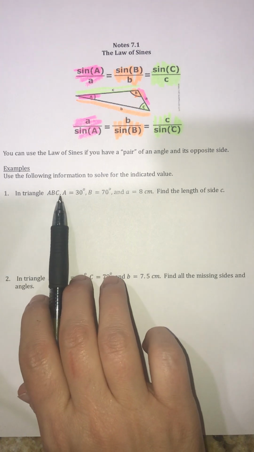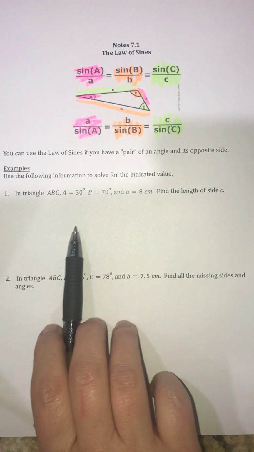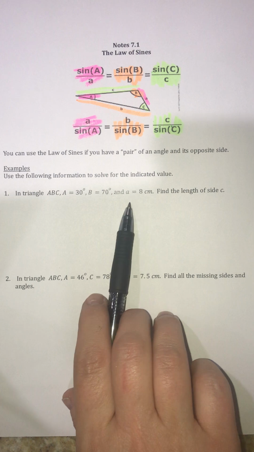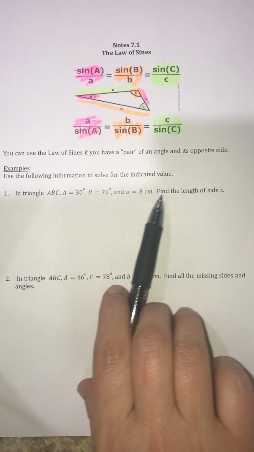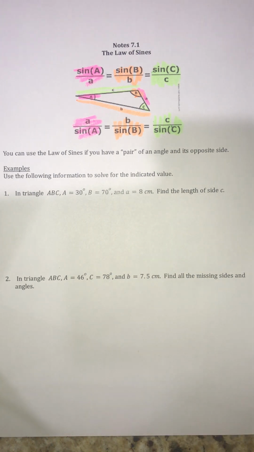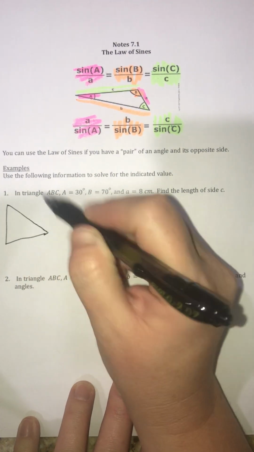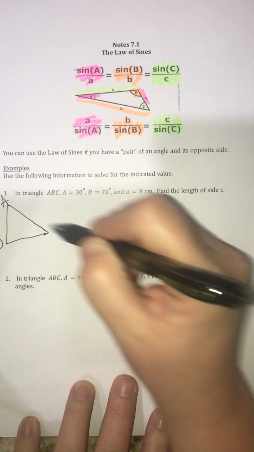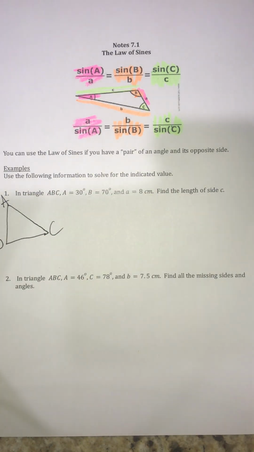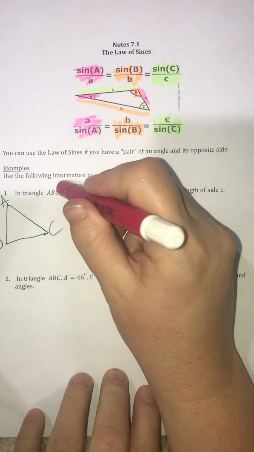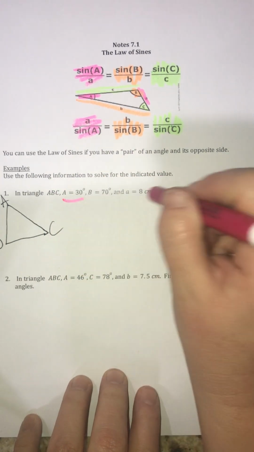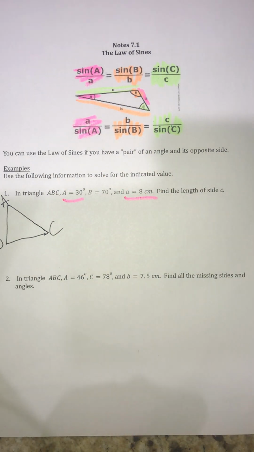All right, here we go. If triangle ABC, if A is 30, B is 70, and little a is 8 centimeters, find the length of side C. All right, when in doubt, draw it out. So they're telling us that angle A and side A are a matching pair.